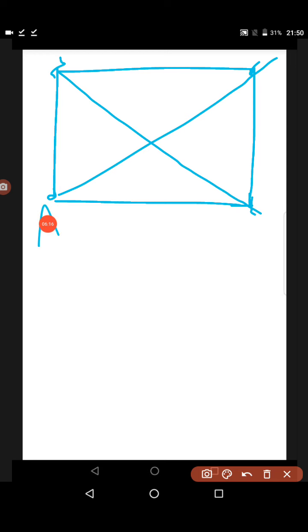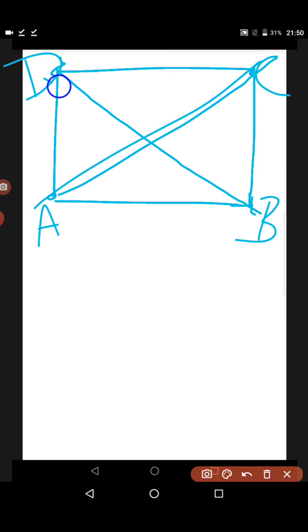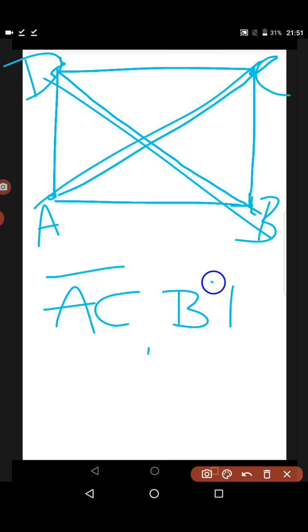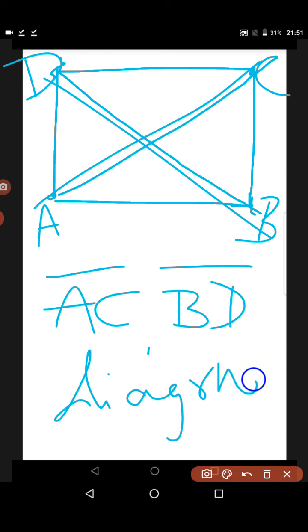We have already named the corners A, B, C and D, so our diagonals will be AC and BD. So AC and BD are our diagonals.